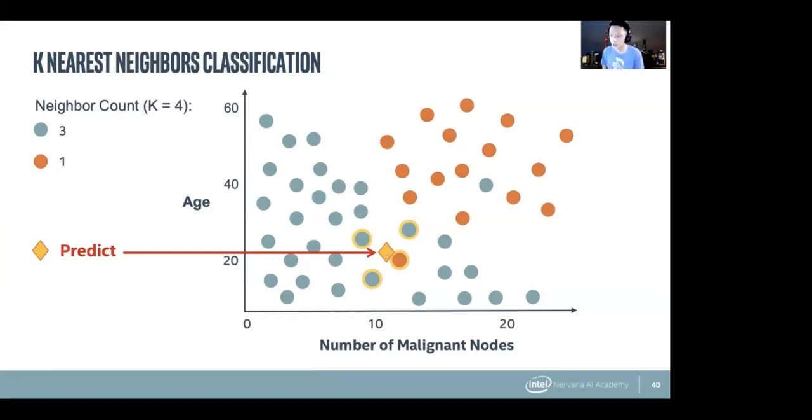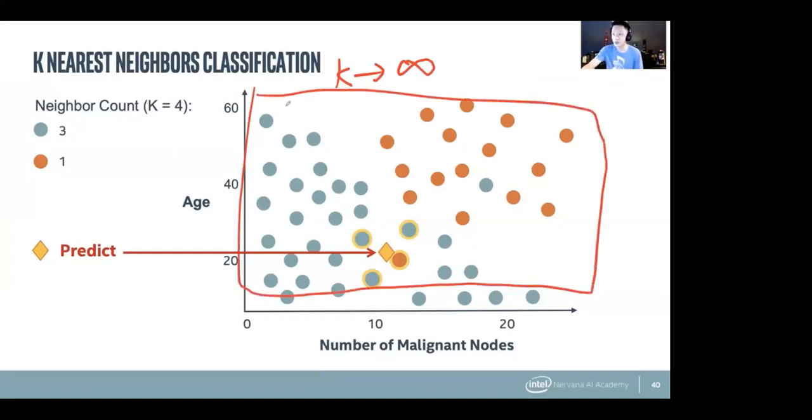Now, an interesting point: if you let K tend towards infinity, then K would be the entire data set. Does anyone see any problems with this? It doesn't really let you analyze for any particular situation.